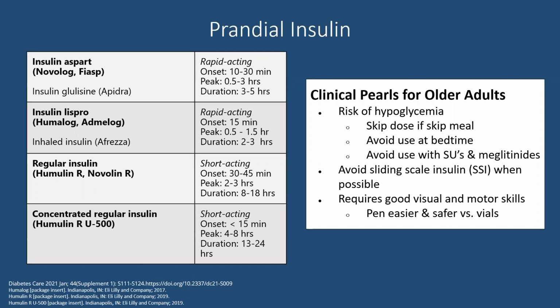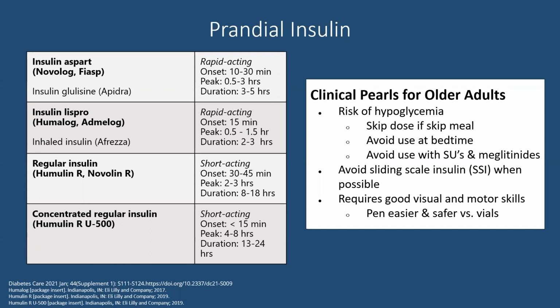Obviously, rapid acting insulin is going to have a shorter onset of effect, a shorter peak. So the problem with regulars, for example, if you give it at breakfast, it may still be lingering at lunchtime. So if you don't eat lunch at a specified time, you may get hypoglycemic from that lingering regular insulin that's still there.